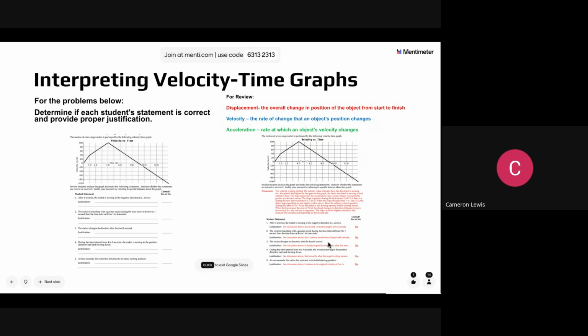So the first one, just because we got that one right, but yes, after 4 seconds, the rocket is moving in a negative direction. So the negative direction actually starts, I think you said it, Carrie, right, at 9. But I think I've talked myself out of it. On the velocity time graph, 0 means 0 velocity, which means when we reach 0 velocity, if we're above the axis, we're in the positive direction.